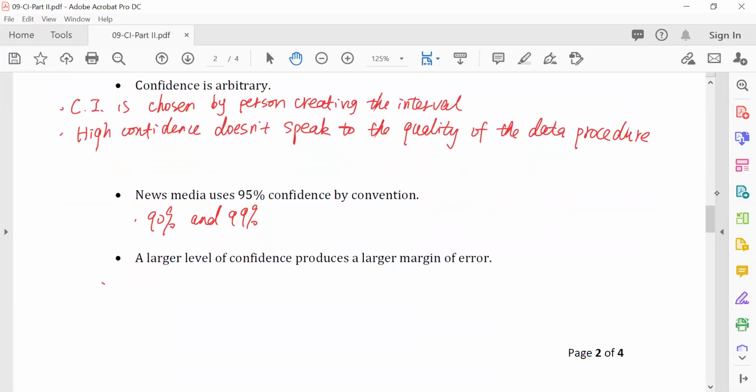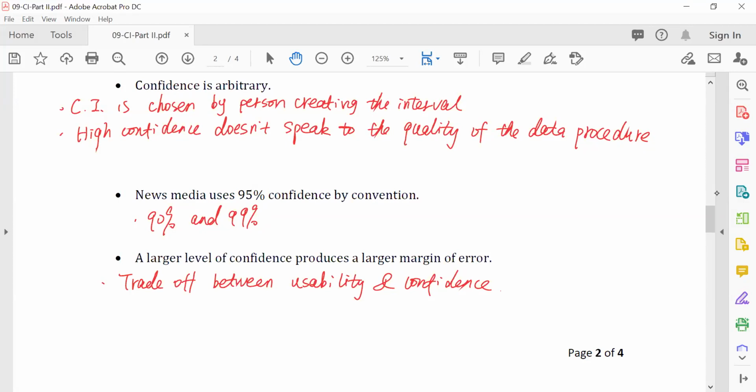It is actually a trade-off between usability and confidence, because a larger level of confidence produces a larger margin of error. So we have larger confidence, but the larger the confidence interval, the less useful it is.